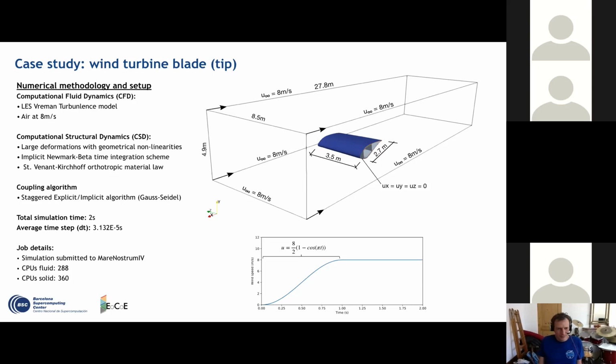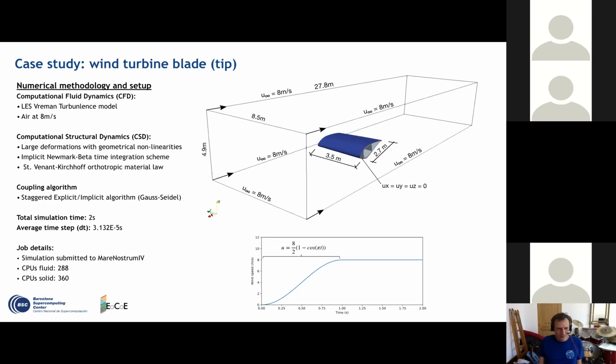Okay, so for the setup of the fluid dynamics, we use the LES turbulence model with this air velocity of 8 meters per second. In the structural dynamics problem, we use large deformations with geometrical nonlinearities. We use an implicit Newmark time integration scheme for the resolution of the problem.